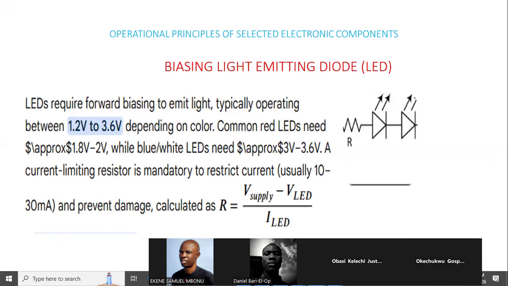You need to know the value of the resistor you are using. It's not because they say 220 ohm resistor, 150, 1 kilo ohm. You get to know what you are doing. You use this formula to calculate the value of your resistor, so that even if you are supplying 15 volt DC, you should know what to do. Is that taken?